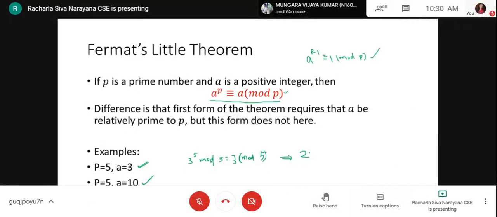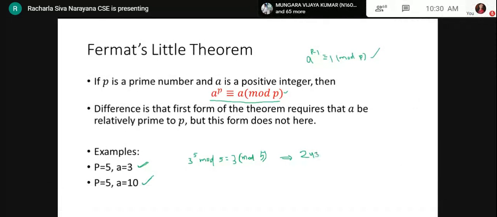So 3 power 5 means 243 mod 5, and the remainder is 3. Here also 3 mod 5 remainder is 3. So both are the same, which shows Fermat's little theorem.